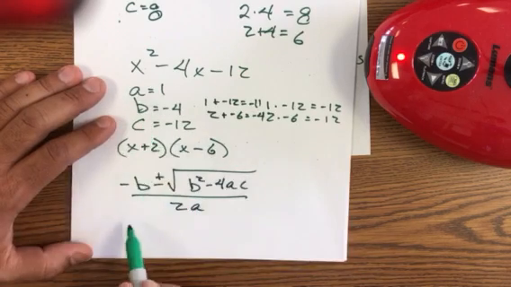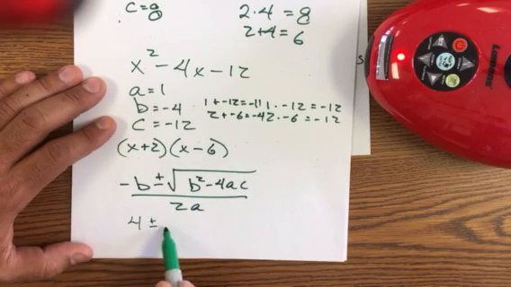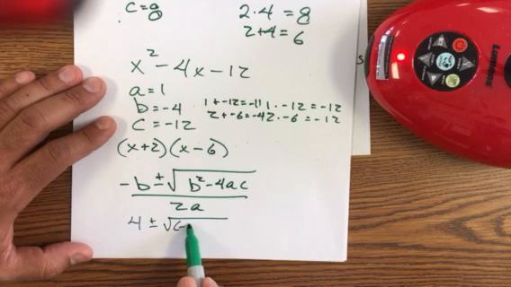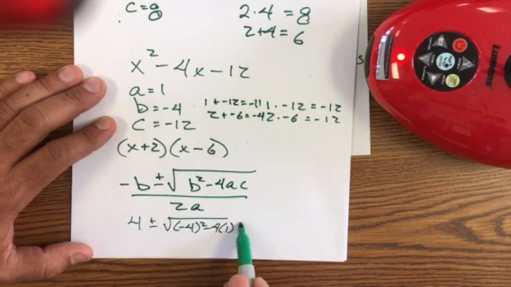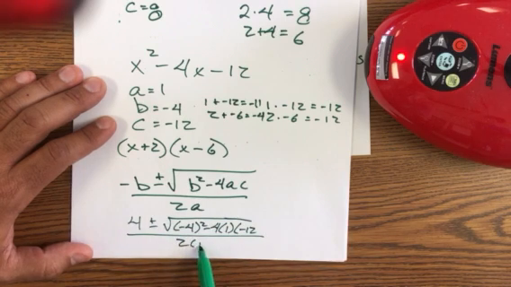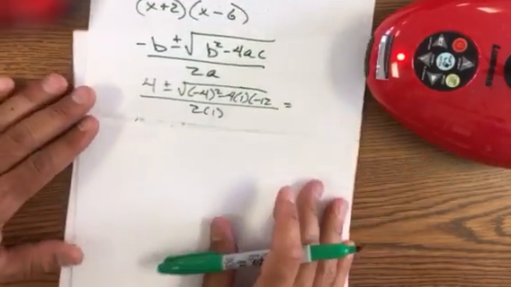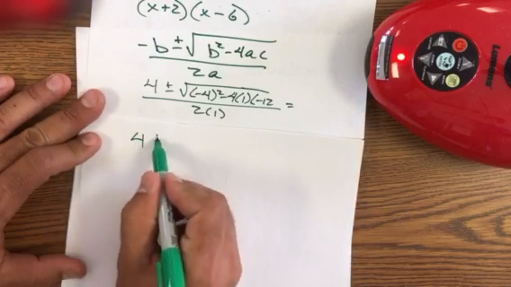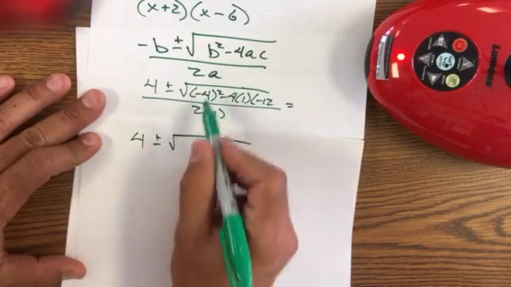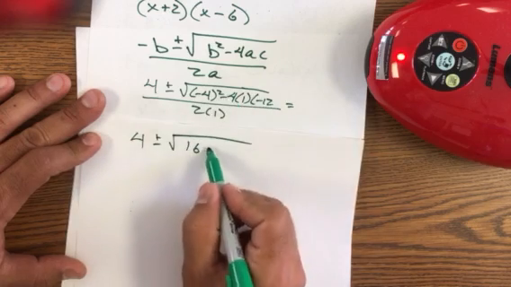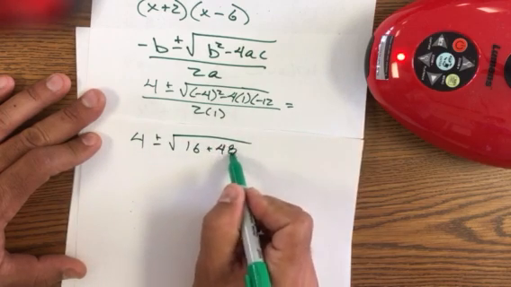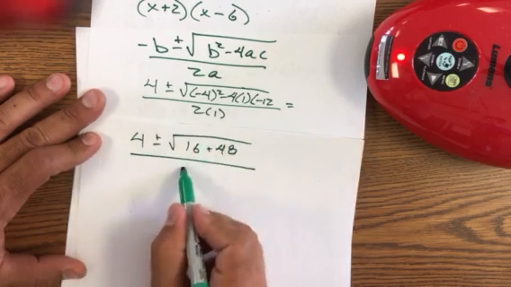So the opposite sign of b is 4 plus or minus square root negative 4 squared minus 4 times 1 times negative 12 all over 2 times 1. So I'm going to simplify inside the radical first. That gives me 16. That gives me plus 48.